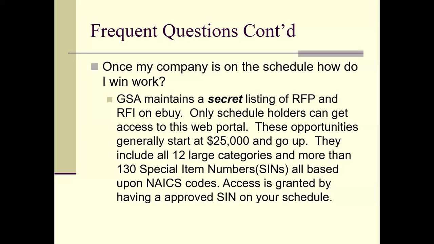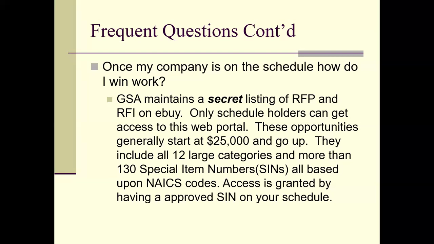If you want to do furniture sales, there's a category for that. If you want to do travel and managing the booking of hotels and airlines, there's a category for that. But you all have to come into those special item numbers, and they're all based on NAICS codes.